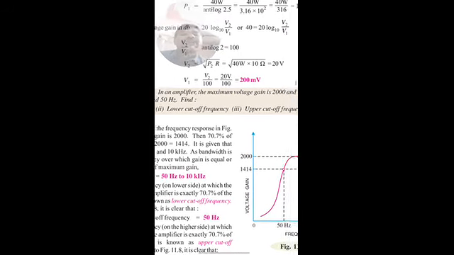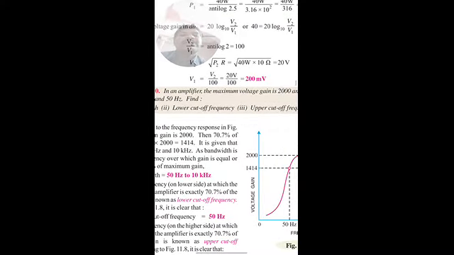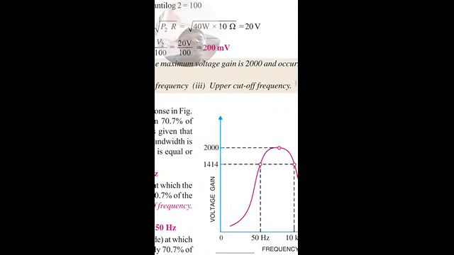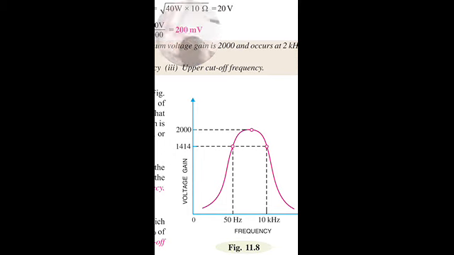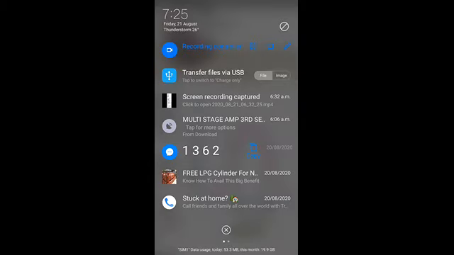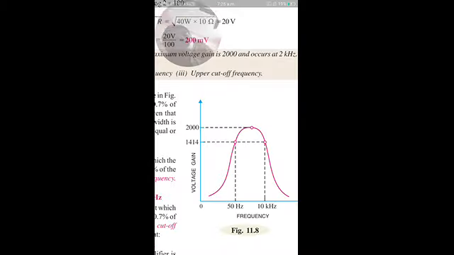Maximum gain is 2000 and it falls to 1414 at 50 hertz and 10 kilohertz, as shown in this figure.